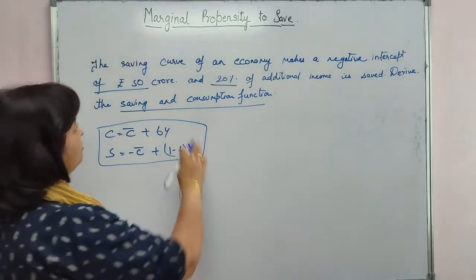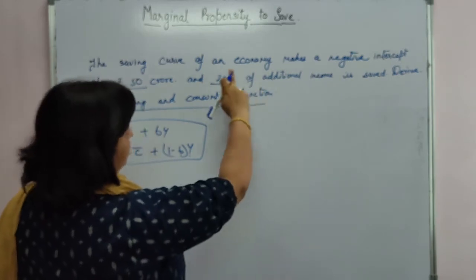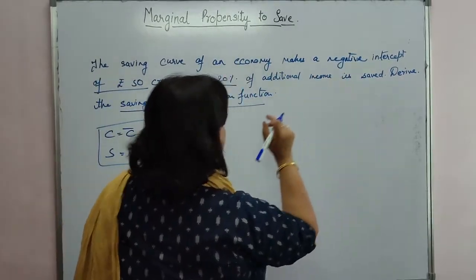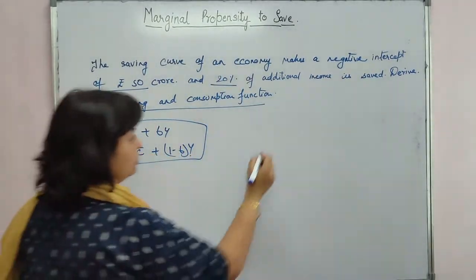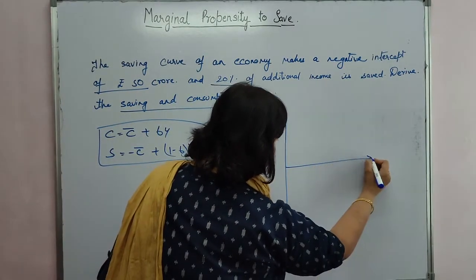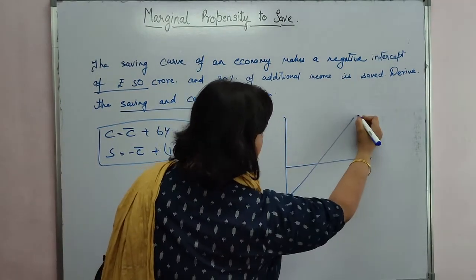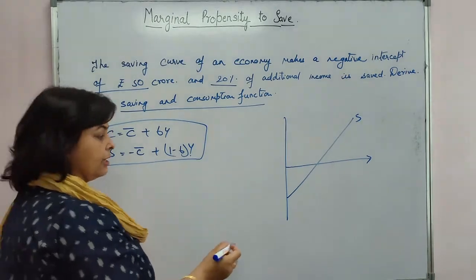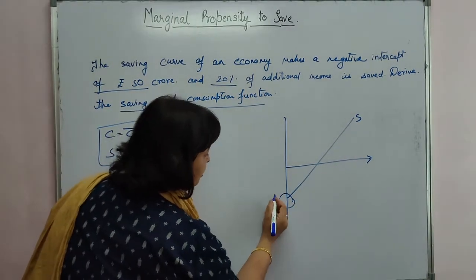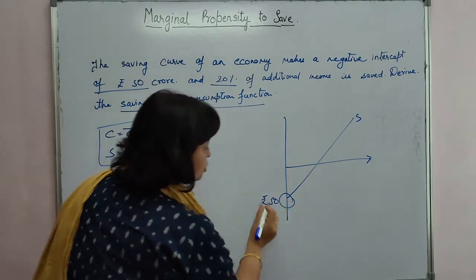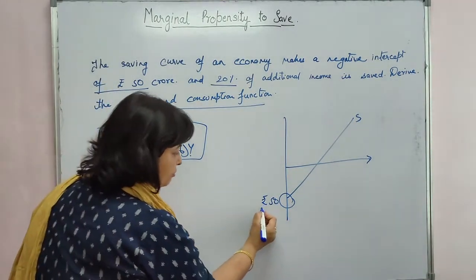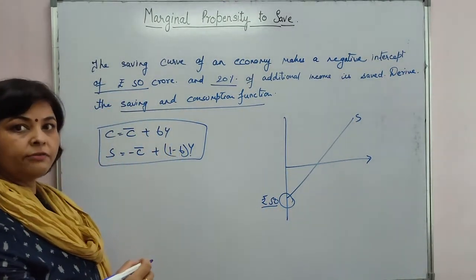Now first of all, we'll see the economy. In an economy, the saving curve makes a negative intercept. So if we draw a saving curve, this is the saving curve. It makes a negative intercept at rupees 50 crore. So this 50 is the autonomous saving.